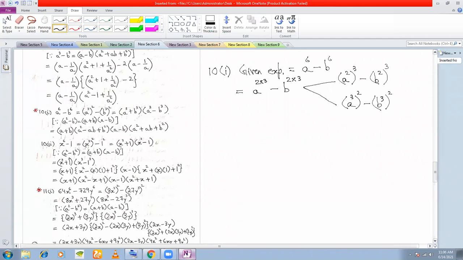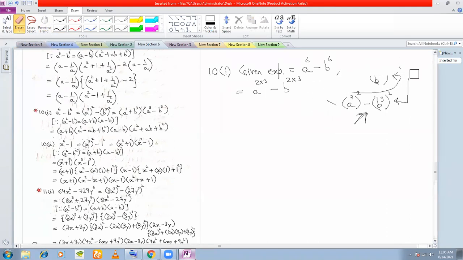I hope this step is clear, that you can write in either of these two forms, right? But I will choose this form. You can choose this form also. Okay. I will choose this form because this is a difference of squares form first and then cubes. So that will be easier. I want to use the difference of squares first and then cube. But suppose if you are to choose this form, then what will happen? Then you will first have to use the cube formula and then the square formula. Okay. That is the difference between these two.